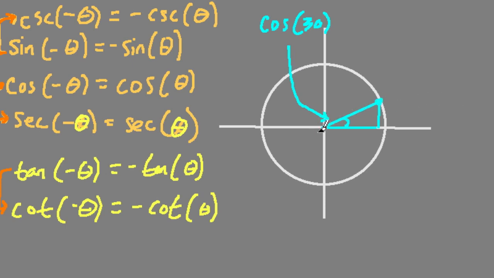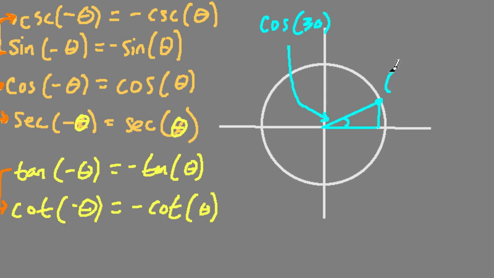If you remember from our discussions in the other videos about the unit circle, the cosine equals the adjacent side over the hypotenuse, so only these sides are really going to matter. In fact, what we get for the cosine of 30 degrees is the square root of 3 over 2. That's this length.